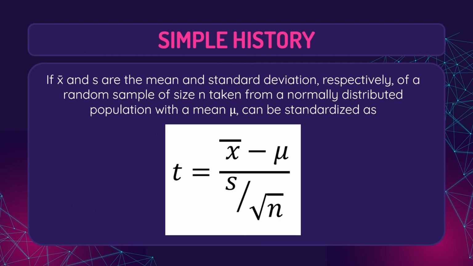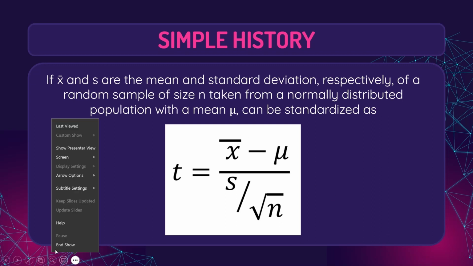Okay, so if the sample mean, x bar, and s are the mean and the standard deviation respectively of a random sample of size n taken from a normally distributed population with a mean, it can be standardized as t, which is equal to, ano nga ulit ang tawag natin dito?